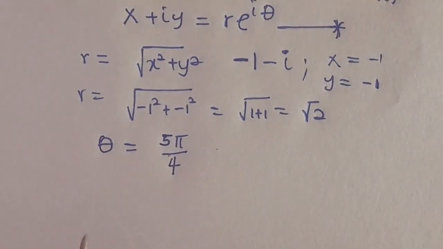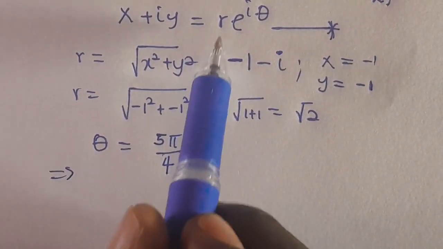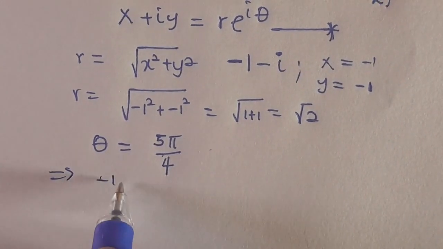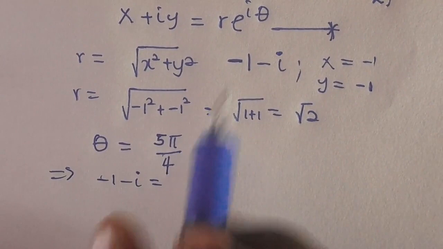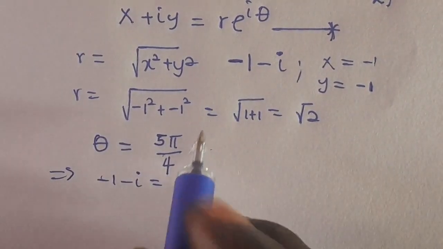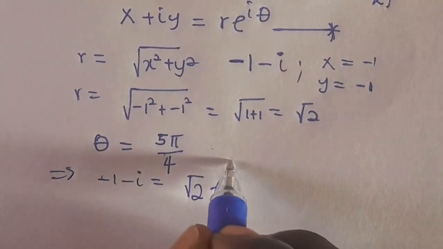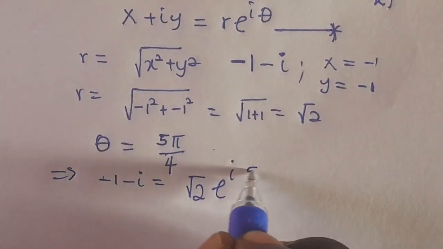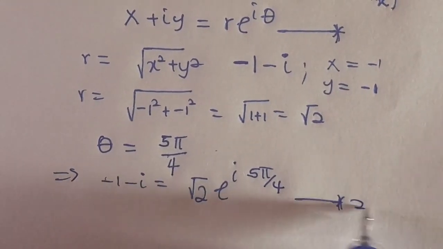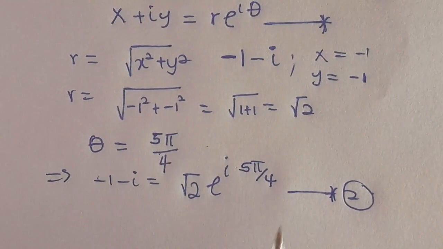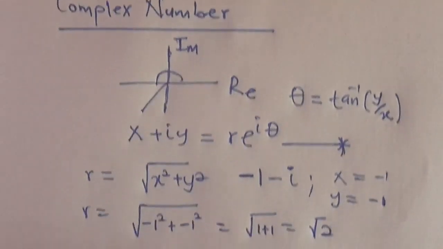This implies that in polar format, minus 1 minus i equals root 2 e to the power of i 5 pi divided by 4. We call this equation 2.